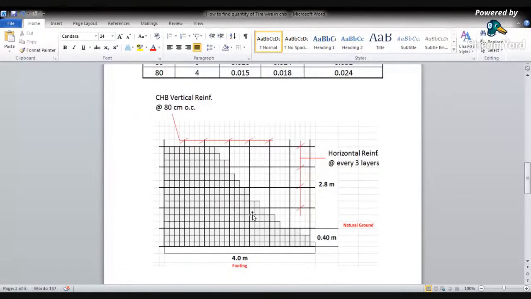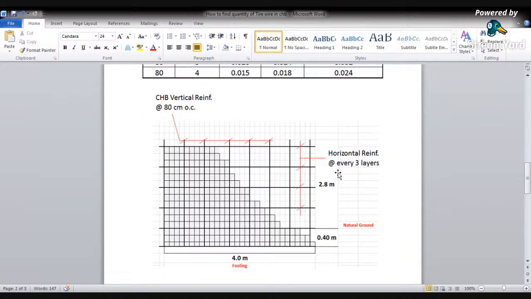How many rebars are required for this size of wall, 4 by 3.2. The vertical rebars are spaced at 80 centimeters. And the horizontal rebars are placed at every 3 layers.